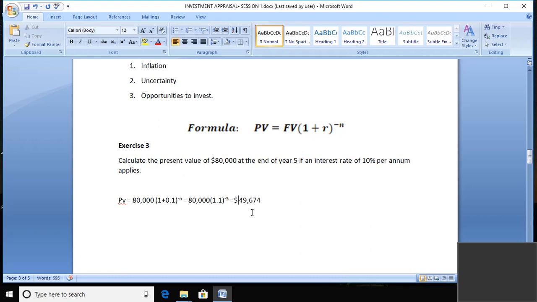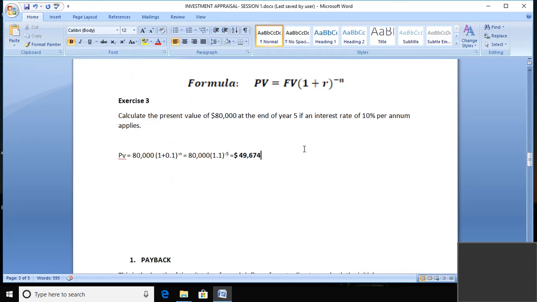That's the present value of the 80,000. So to be promised 80,000 in 5 years' time is equivalent to receiving 49,674 now. That's how much that 80,000 received in 5 years' time is worth now.